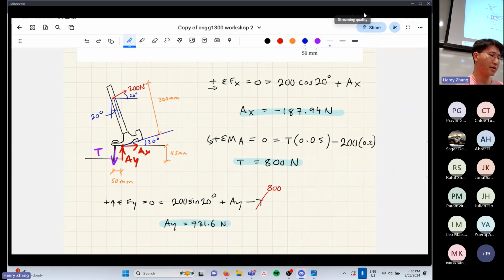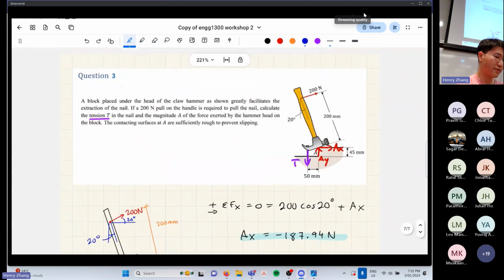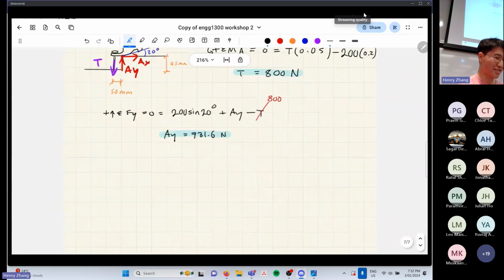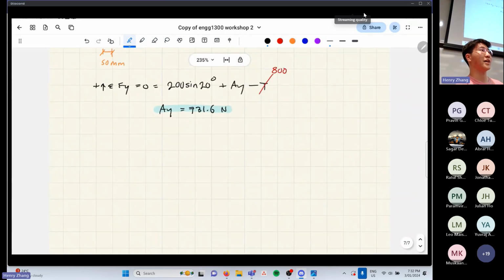All right. Lastly, the question asks for us to find the magnitude of the force exerted by the hammerhead. And what I've also decided to do in my calcs is find the angle from the horizontal.